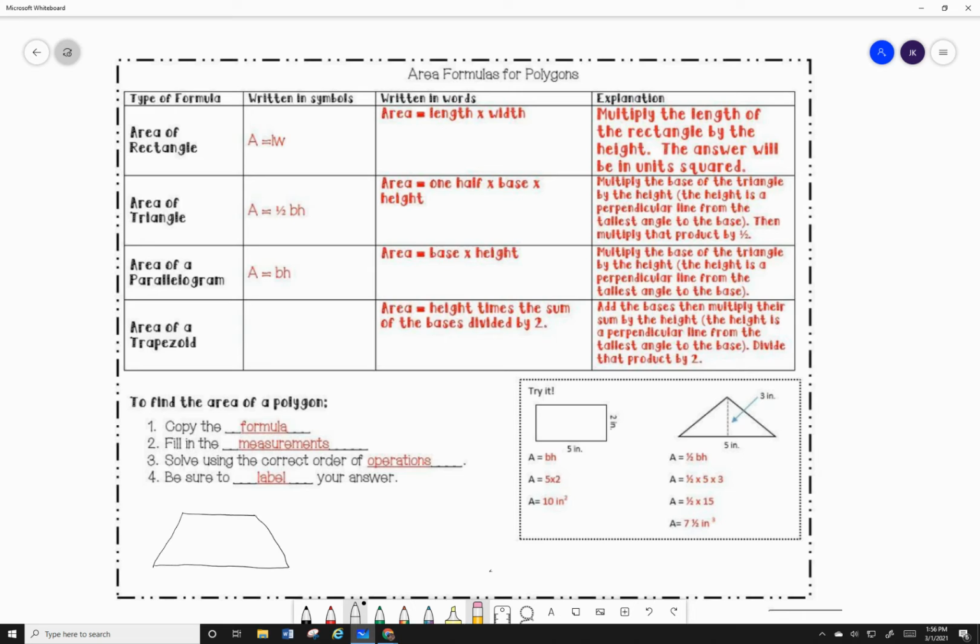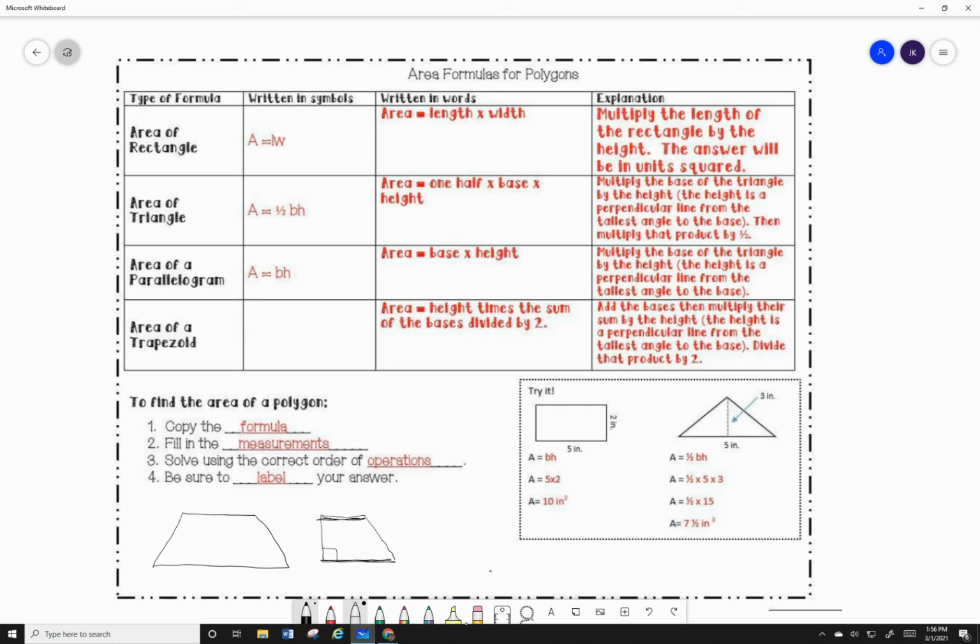So that is a basic trapezoid. But this formula works for trapezoids that are different than what we're used to. So for example, a trapezoid made with some right angles, that is still a trapezoid. Even though this one side has a right angle, we still have only the one set of parallel sides. The opposite sides are not parallel.